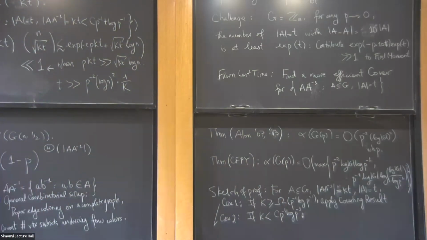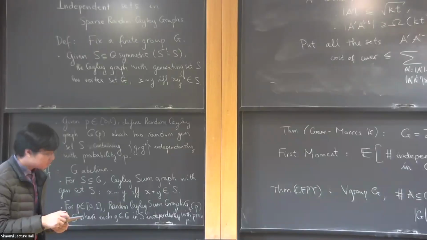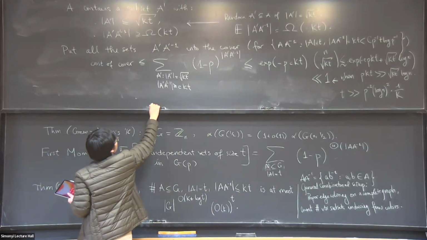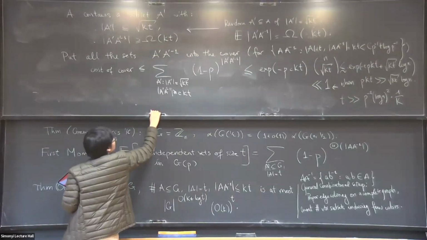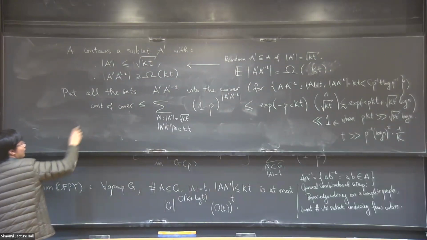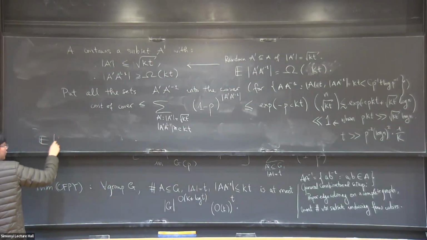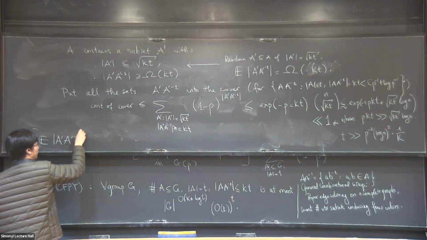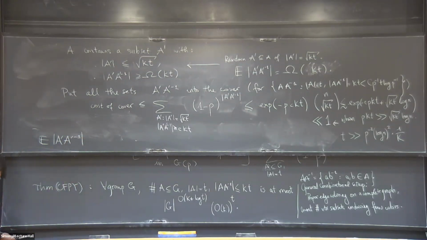Question about that sketch of the proof? Yes. Can you explain again why the expectation of A prime versus omega kt? Yeah, sure. For that point, let's try to compute the expectation of A prime inverse.